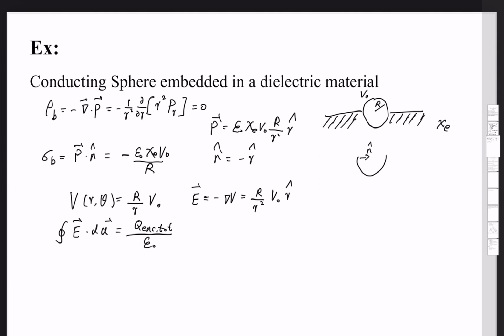The total charge should be the total sigma times the area divided by epsilon naught. On the left hand side it should be E times the area, and on the right hand side the total surface charge density times area divided by epsilon naught. So this sigma total should be epsilon naught V naught over r.